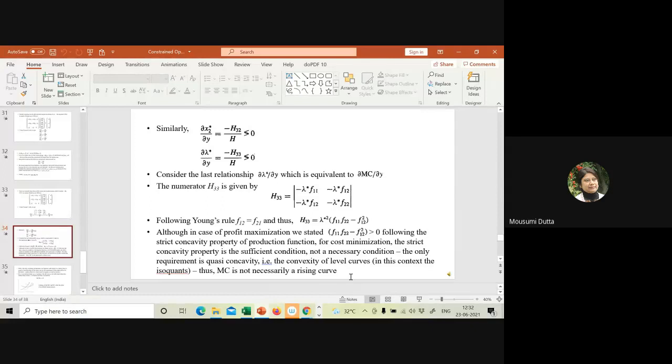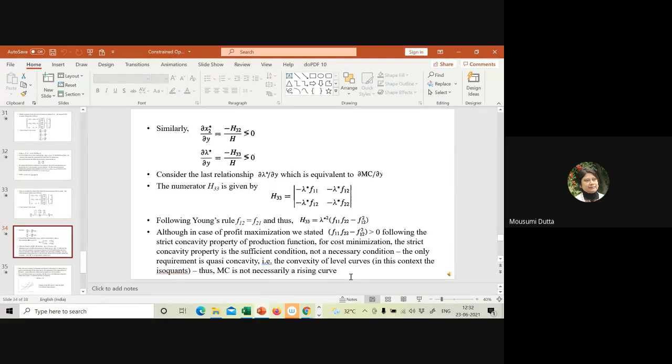However, if it is a constrained cost minimization problem subject to output constraint, the way we are getting it, del lambda star by del y, which is equivalent to del MC by del y, the change in marginal cost due to change in output, or this is equivalent to del square C by del Y square. Rate of change in marginal cost means rate of change of the cost function.